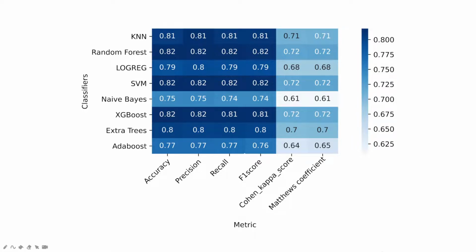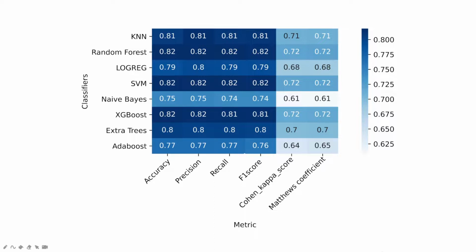Now, even though naive Bayes is not performing well here, it does not mean that naive Bayes will always perform poorly. The performance of classifiers depends on a lot of factors. It can be the data, it can be the number of samples. There are a lot of things to consider.